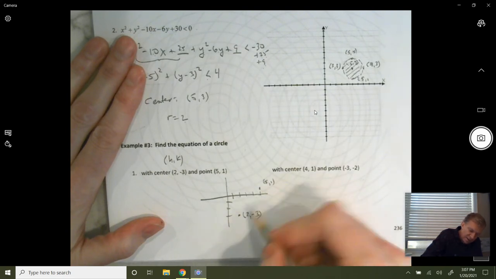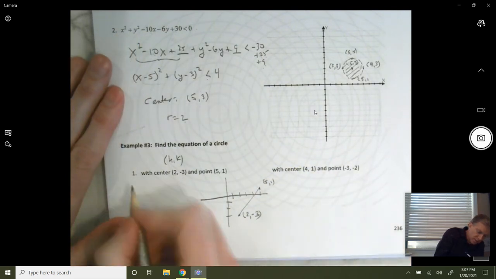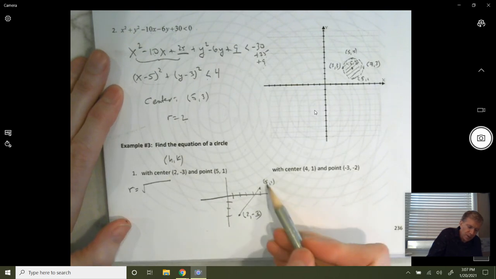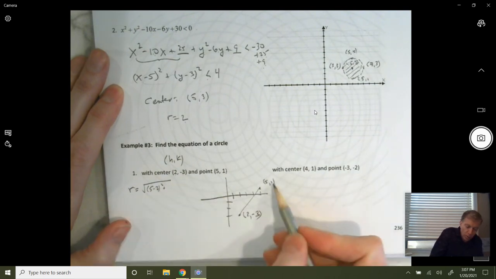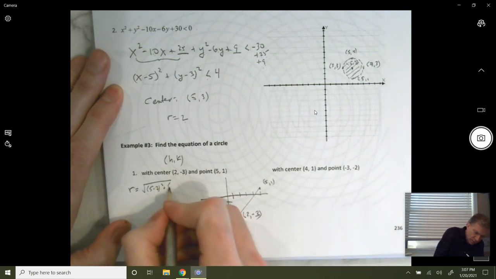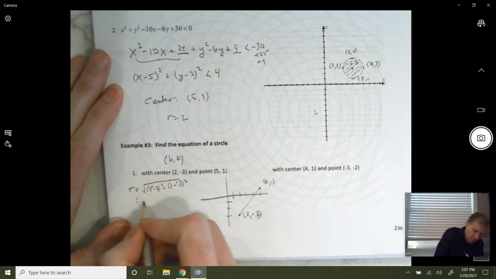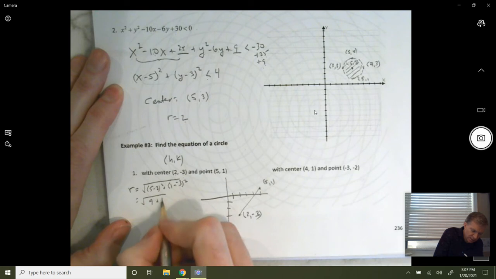If I want to find the distance between these 2 points, that's going to be my radius. So the radius is equal to the square root of (5 minus 2) squared plus (1 minus negative 3) squared. Okay, so the square root of 3 squared, which is 9, plus 1 minus a negative 3 gives you 4. 4 squared is 16.